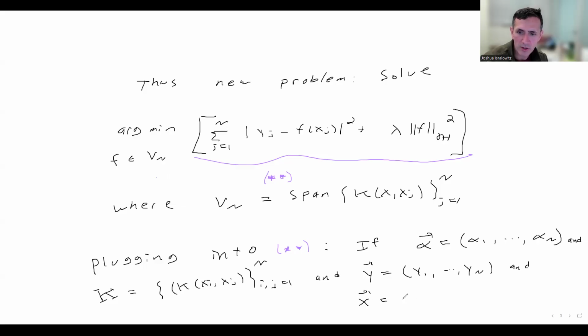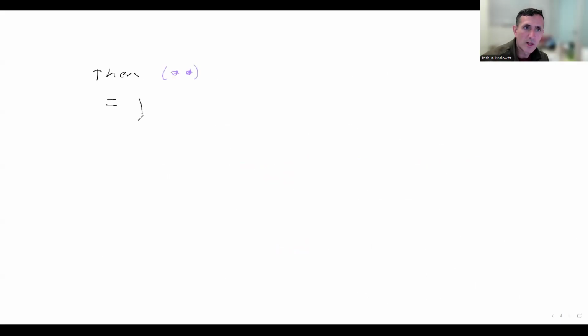X is just my x vectors, for x is my n tuple.